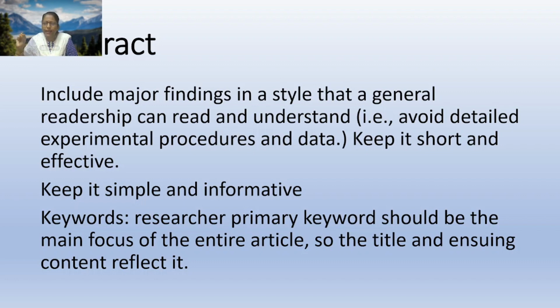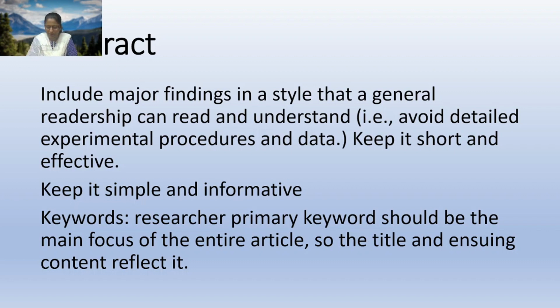Keep it short and effective, very simple and informative, giving the gist of the article. The next important step in the abstract is the keywords. The researcher's primary keywords should be the main focus of the entire article, so the title and ensuing content should reflect them. This is the way the abstract should be written.